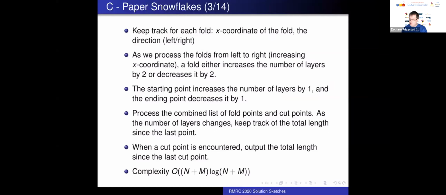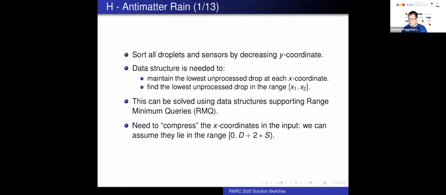Okay, and let me wrap this up then with Antimatter Rain. We did have one team solve Antimatter Rain. The first thing we're going to do is assume all the x coordinates for Antimatter Rain are from 0 to like 3 times n or something like that.